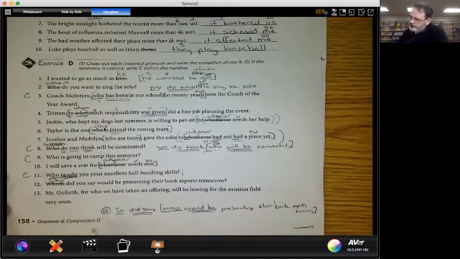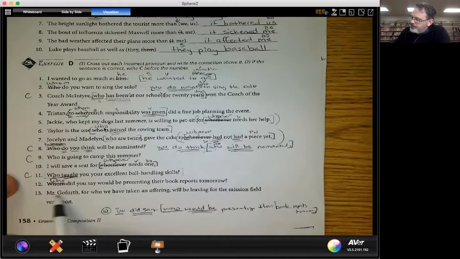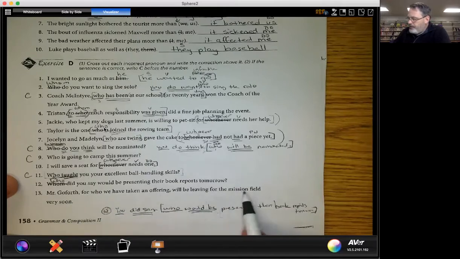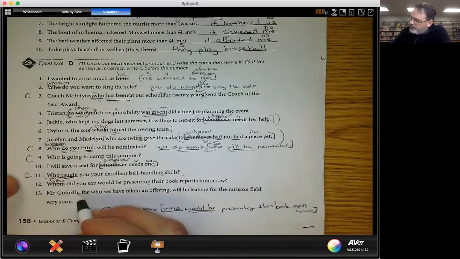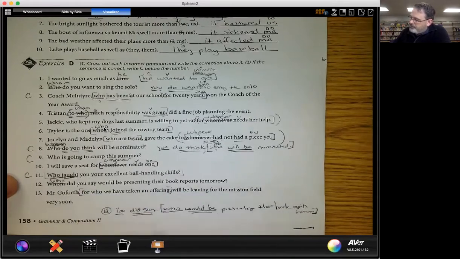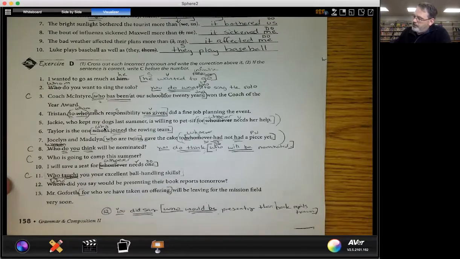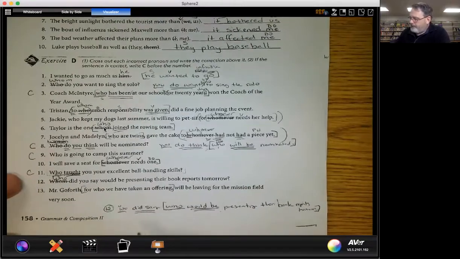All right, and then number 13, Mr. Goforth, for who we have taken an offering, will be leaving for the mission field very soon. Okay, well, this is an appositive. All right, the clause is an appositive. Mr. Goforth, who's Mr. Goforth? He's the one for who we've taken an offering, right?